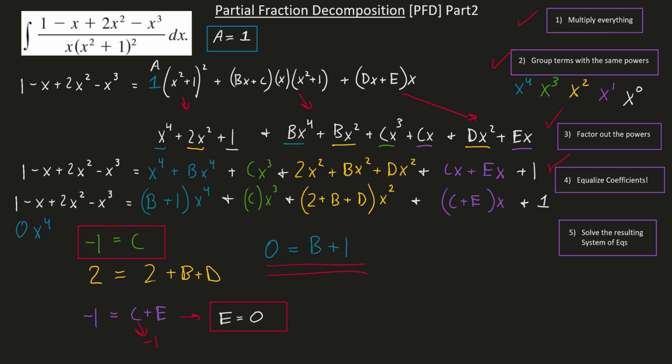Looking at this guy right here, it's pretty easy to see that b will equal -1. And now that we know that, I can go to my yellow-orange equation. If b is -1, I can solve for d pretty easily, and d will equal 1. And there we go. I have solved the system of equations, and I know a, b, c, d, and e.